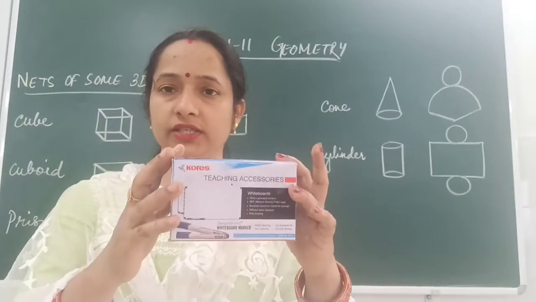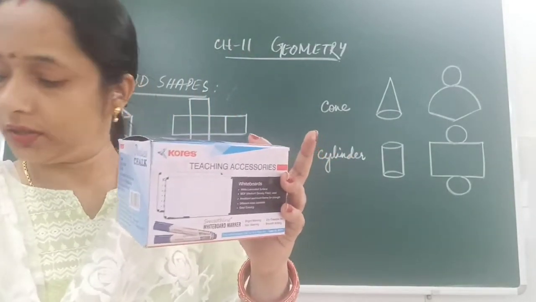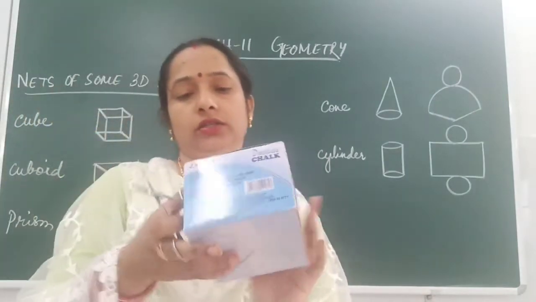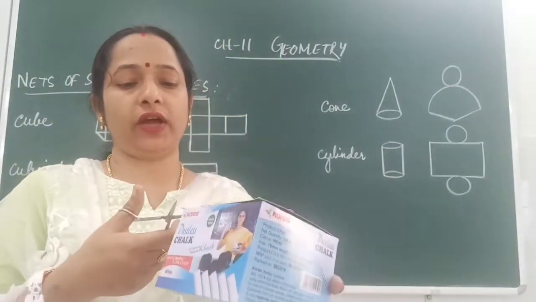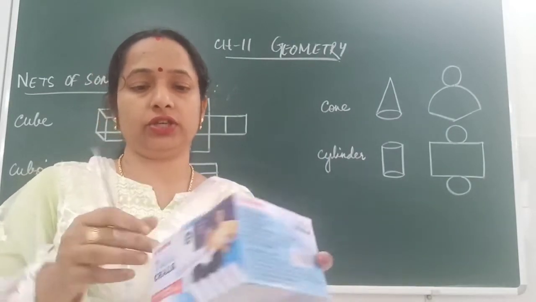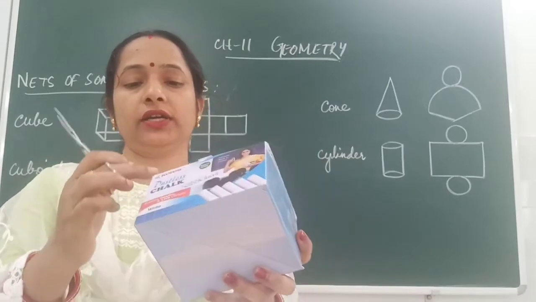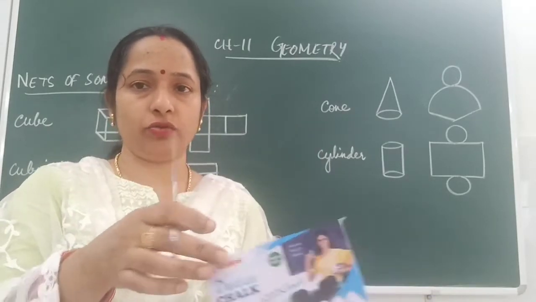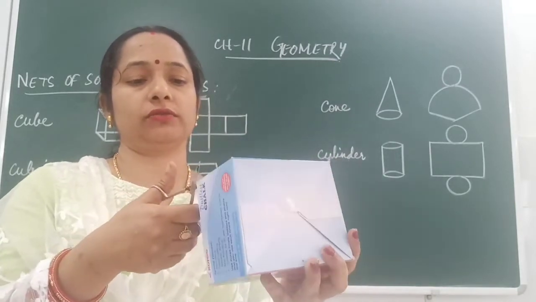So children, here is the cuboid. Now I am going to show you by cutting through the edges. See, along the edges, one I am going to cut here at the top so that it opens like this, and as I opened this edge, this edge also I am going to cut.